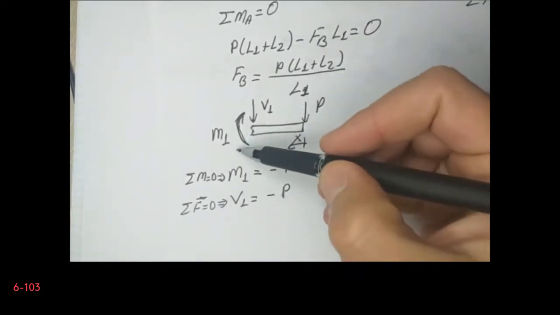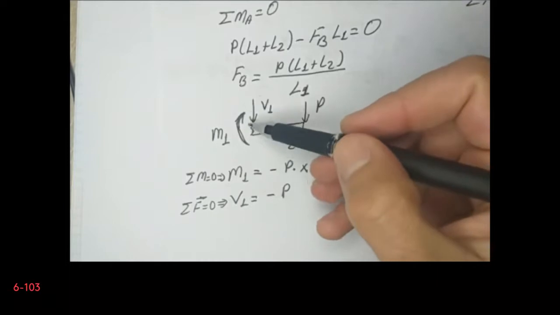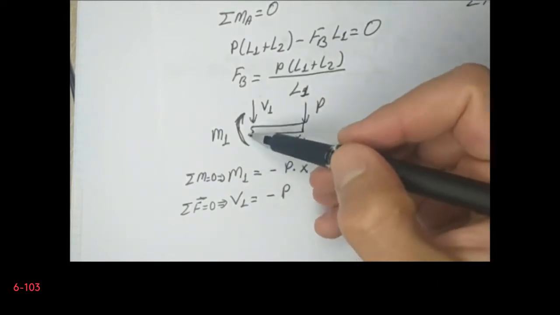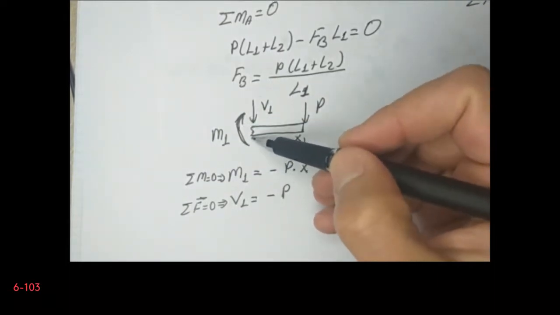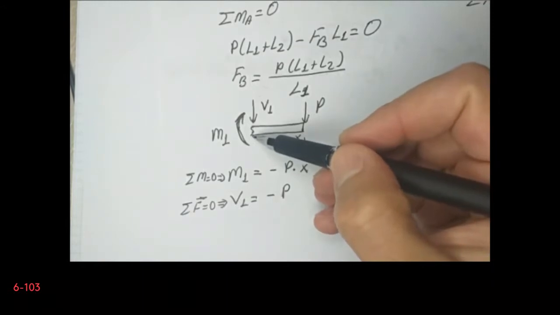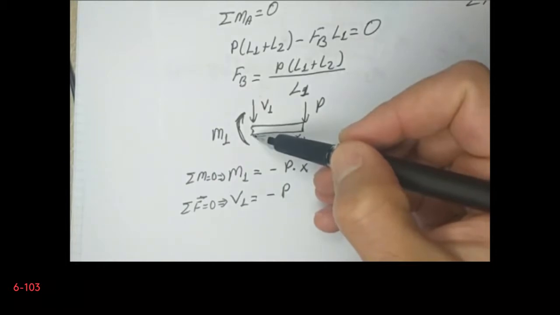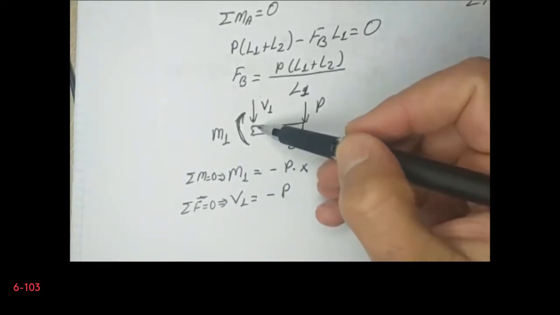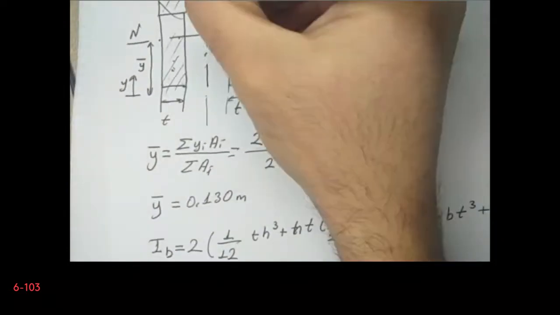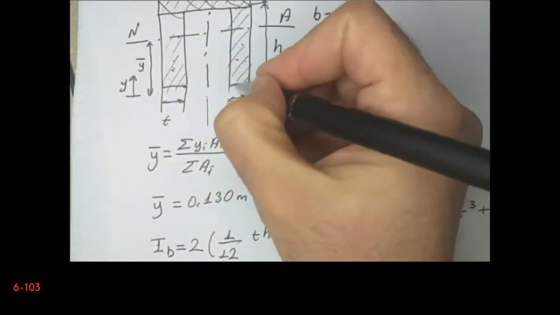So we can easily say that the moment is in this direction, therefore the bottom of the cross section will be subjected to compression, and the top of the cross section or top of the beam will be subjected to tension. So we have tension here and we have compression here.